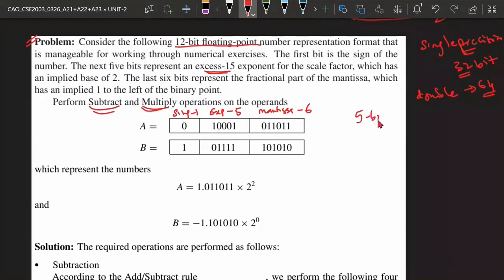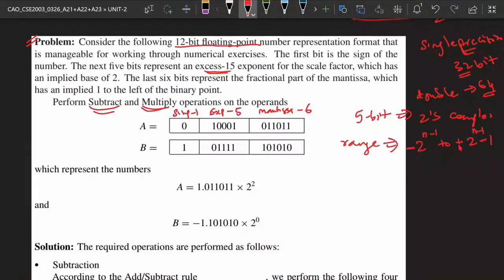When we need to find the range, it is written in generalized form as minus 2 to the power n minus 1 to plus 2 to the power n minus 1 minus 1. This is the generalized range for 2's complement number representation if n bits are used.